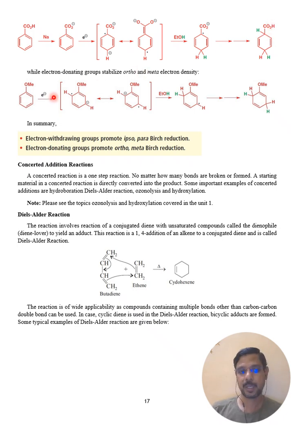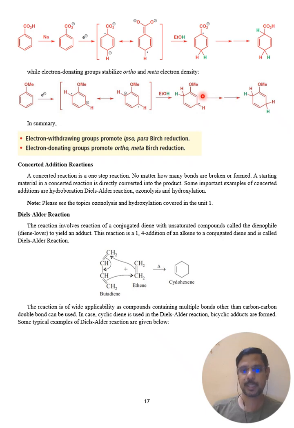Whereas in the electron donating group, the first anion generates at the meta or ortho position to the electron donating group, since the anion is more destabilized by the electron donating group at the para position.